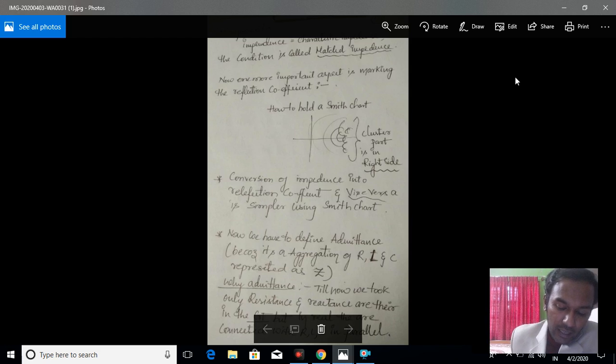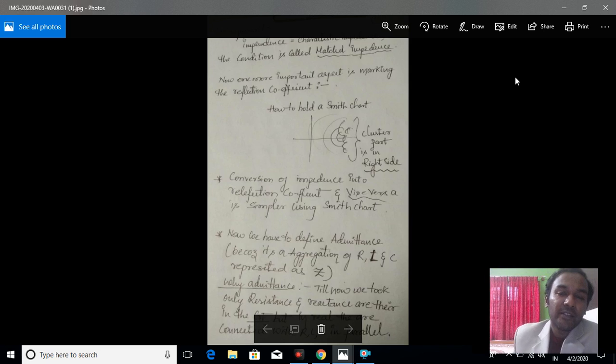Let's take a quick look at it. I have admittance instead of impedance. How will the transformation be on the reflection coefficient of the admittance? Now we have to relate the reflection coefficient of the impedance and the reflection coefficient of the admittance, since we are transforming from impedance to admittance.